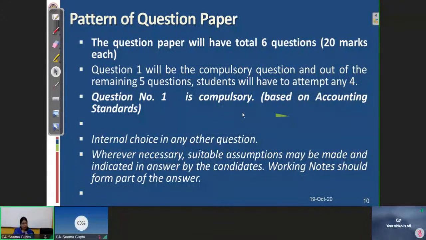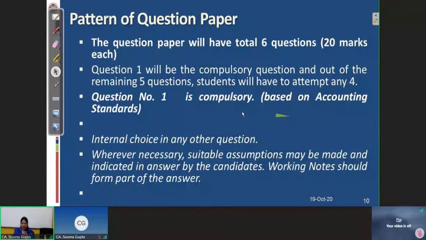Focus on the important topics very much, and accounting standards, I would say, is a very important topic. So you have to understand the provisions of accounting standards. If the framework is there in your course, then definitely the framework also. And you have to have a strong base of that particular topic.